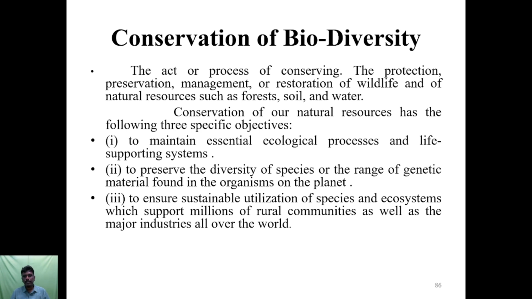First one is to maintain essential ecological processes and life supporting systems. Second, to preserve the diversity of species or the range of genetic material found in the organisms on the planet. Third, to ensure sustainable utilization of species and ecosystems which support millions of rural communities as well as the major industries all over the world.